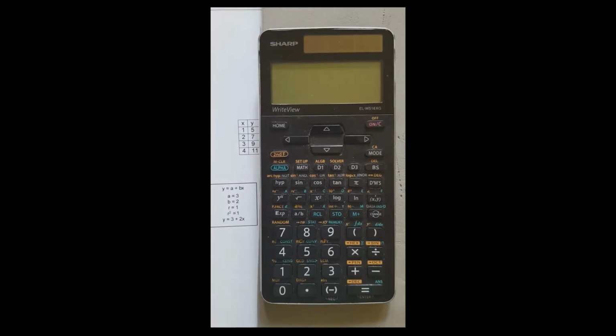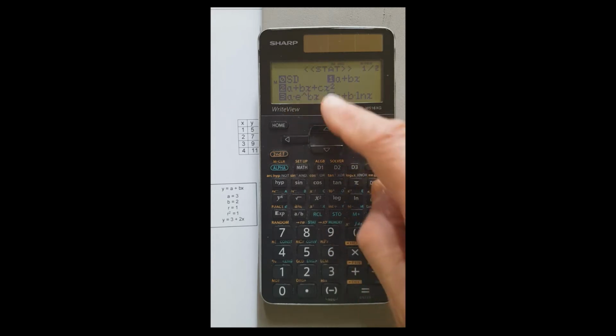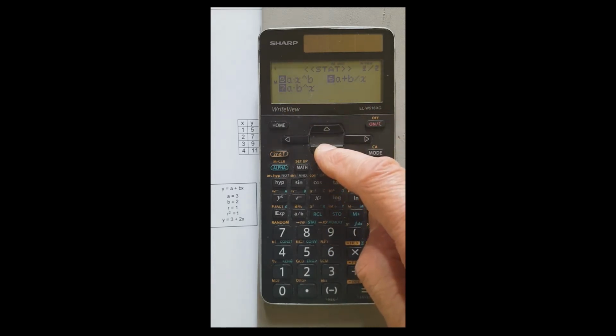So here's the Sharp ELW516XG scientific calculator. We're going to enter this data set in the linear regression mode. So select mode, and then you want to select 1, which gets you to the stat mode. In the stat mode, there are actually 8 different stats types.